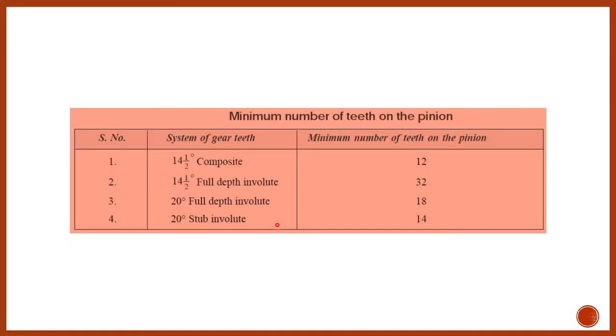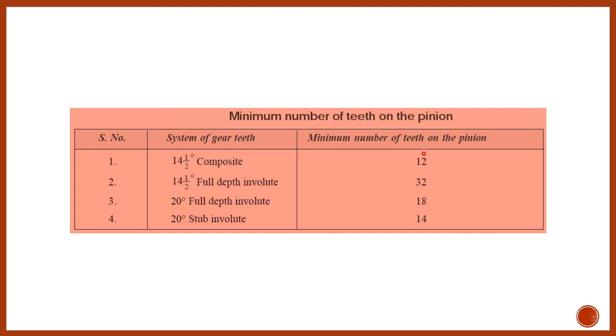Okay, these are some standard systems. Again, to avoid interference, the minimum number of teeth for the 14.5 degree composite system and full depth involute are the standard systems you have to consider.